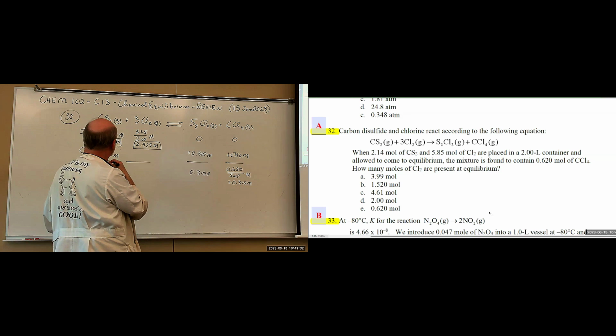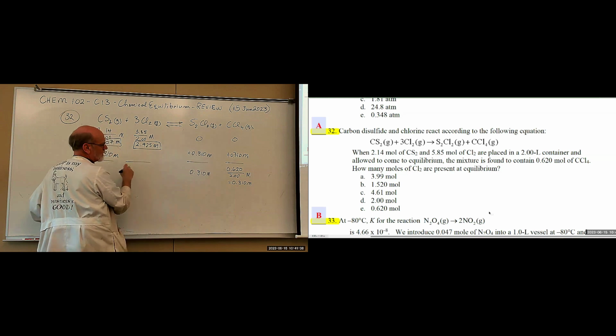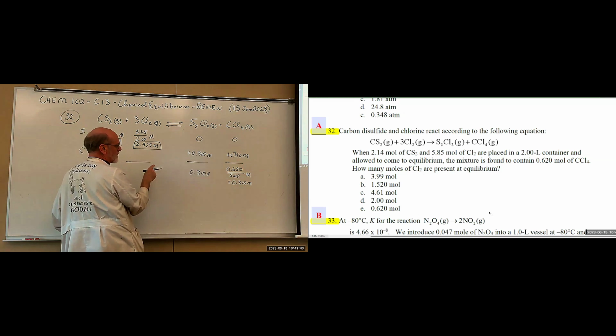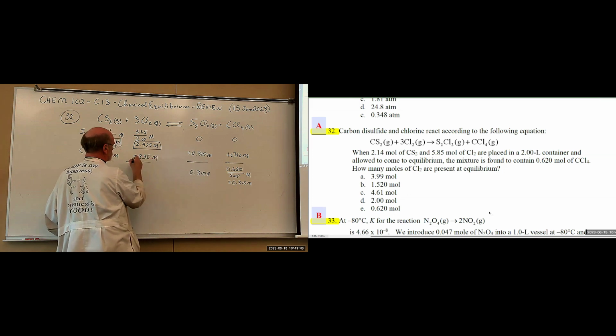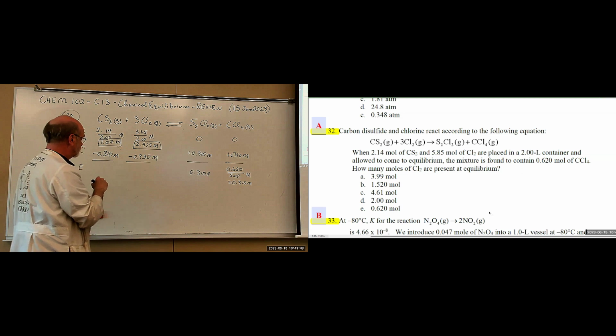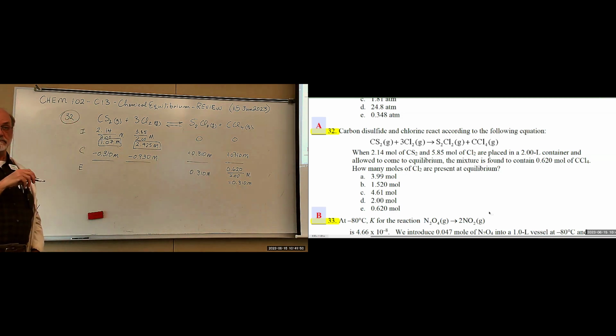What's 0.310 times 3? 0.930. So we lost that much. Correct?